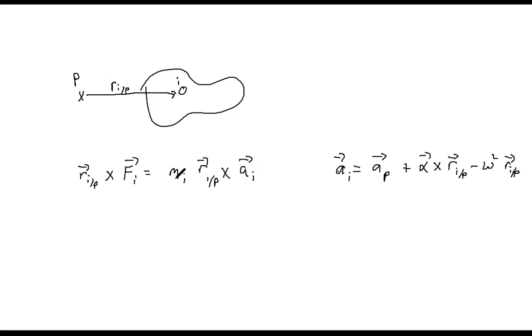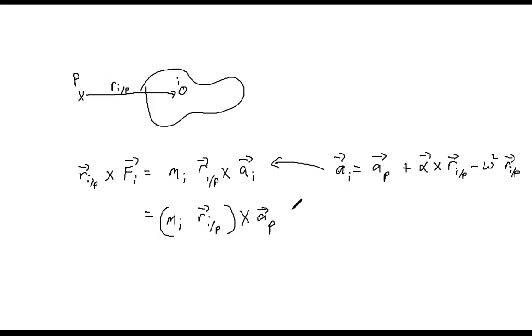When you substitute that in, you get mass of I times R_I relative to P, in parentheses, cross A_P. Notice there's no label I on this one, so I'm just going to keep that one separate.